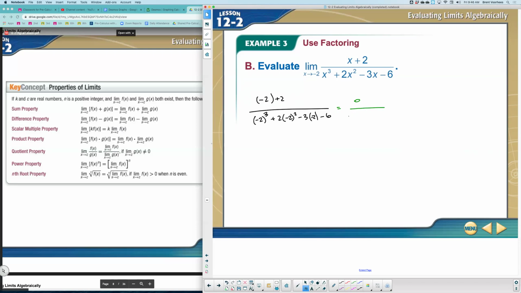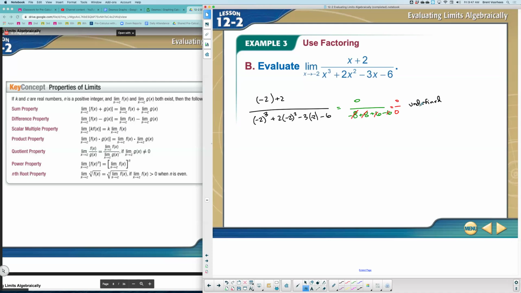That's 3 negatives, it'll remain negative. 2 times 2 times 2 is 8, so -8. Plus here, -2 times -2 is +4, times 2 is 8. Minus 3 times -2, which will be a +6. Minus 6. You might notice this time the 8s simplify, the 6s simplify, which leaves us with nothing on the bottom. And there's no limit there. That's undefined. So we have a problem.